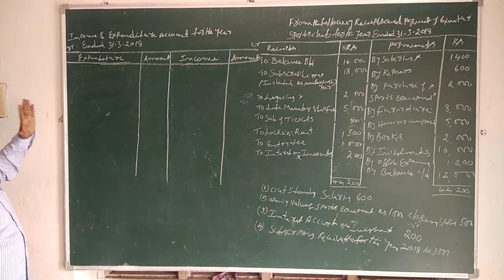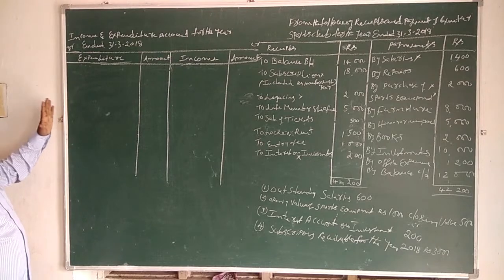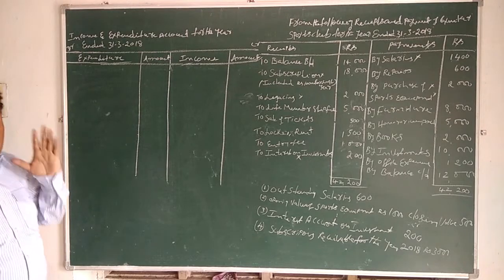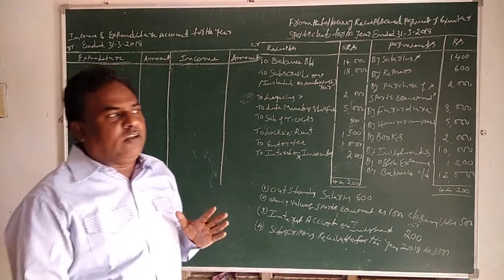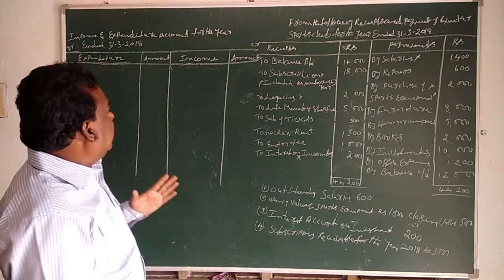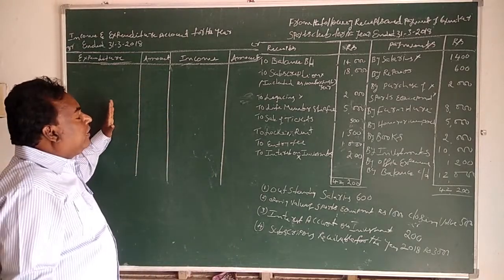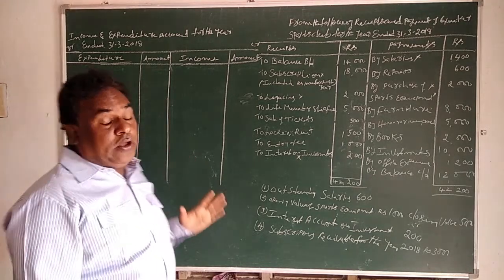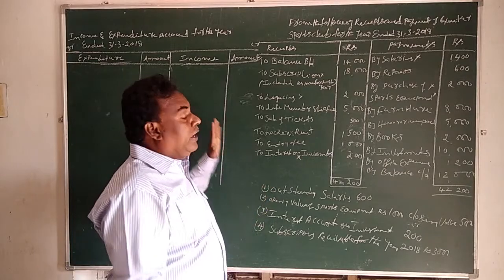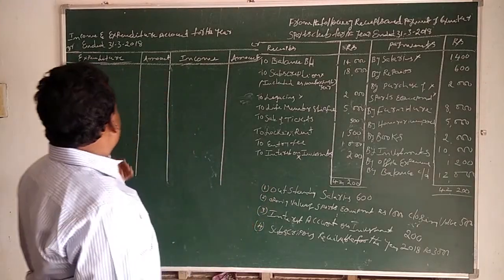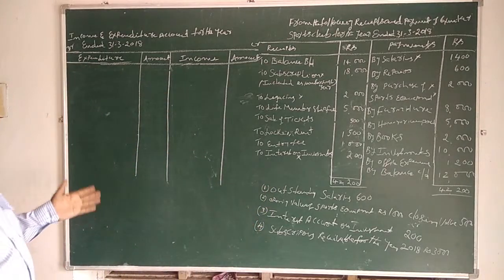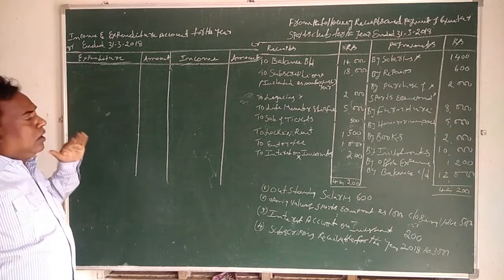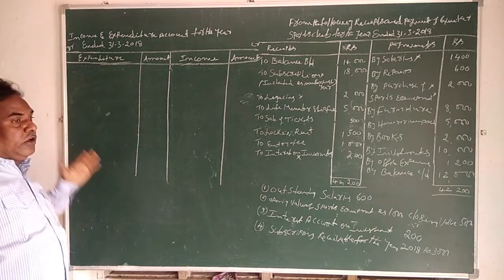So, all expenditure must be recorded, only revenue expenditure, not capital expenditure. Only revenue expenditure must be recorded on the debit side of income and expenditure account. Only revenue income is recorded on the credit side of income and expenditure account.